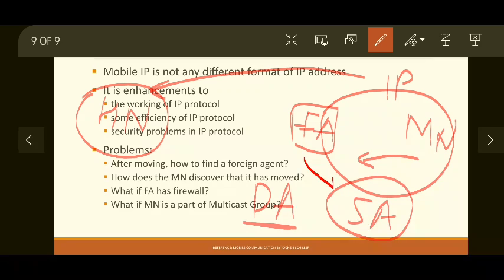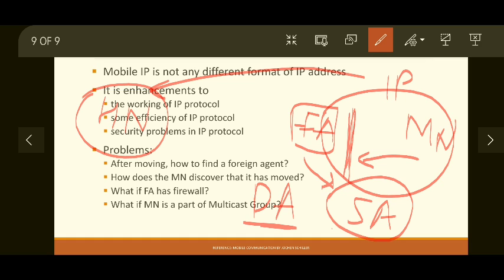Now the firewall finds that the source address does not belong to this particular foreign network or subnet, but some other subnet. So it decides that this is an attacker or intruder trying to flood the network with unnecessary packets, and it blocks the packet at the foreign agent. So mobile node packets may be blocked at the firewall because of the source address being the IP address of the mobile node. So that is the third issue.